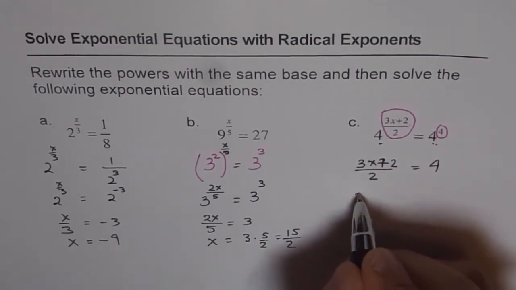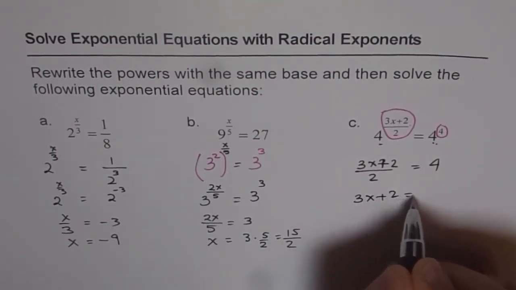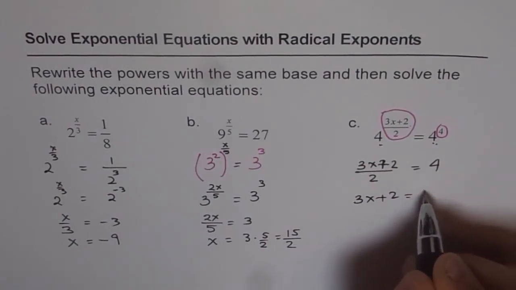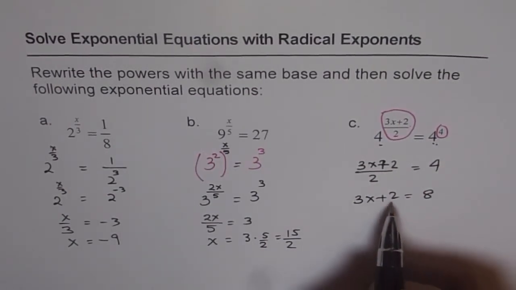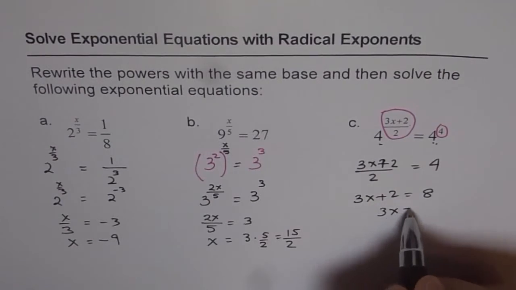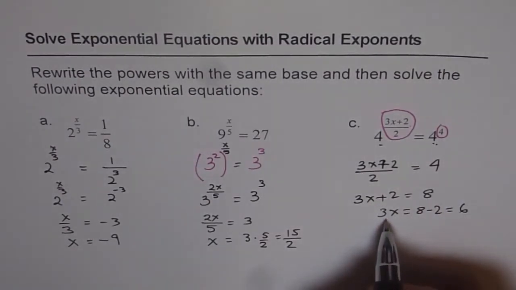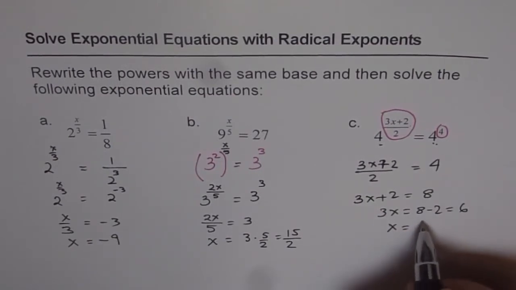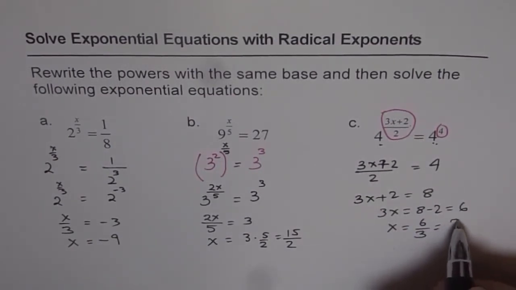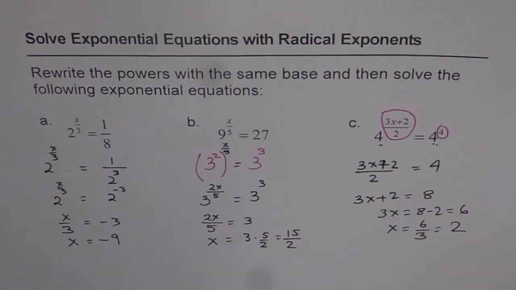Now we can solve. We can get 3x plus 2 equals to, multiply both sides by 2, 4 times 2 is 8. Now take away 2, you get 3x equals to 8 take away 2, which is 6. And now divide by 3. So we get x equals to 6 divided by 3, that is 2. So our solution is x equals to 2 in this particular case.